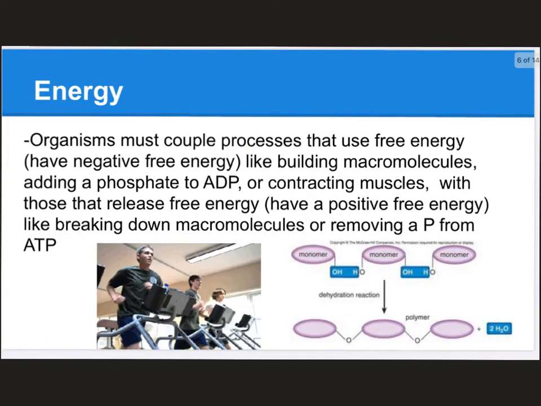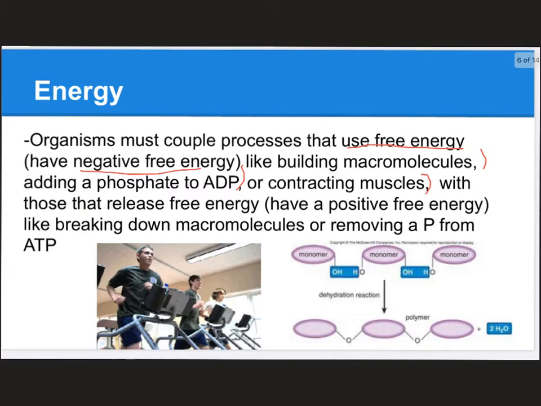So the way organisms use energy is they couple processes that use free energy. We could also say that they have a negative value for free energy, and those are things like building molecules, making ATP by attaching the phosphate to it, moving, sending nerve signals, active transport in the cells.